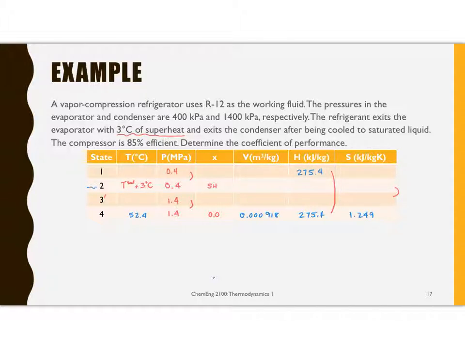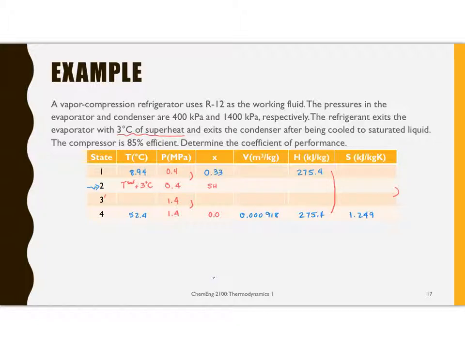I also have enough information to analyze state 2. The pressure is 0.4 megapascals and the temperature is 3 degrees higher than saturation. Well, I can look up the saturation temperature, and that will in fact be the temperature for state 1. It is 8.94 degrees C. If the pressure is 0.4 megapascals and the enthalpy is 275.4, then I can look this up, and it turns out it's a saturated mixture with 33% vapor, 67% liquid.